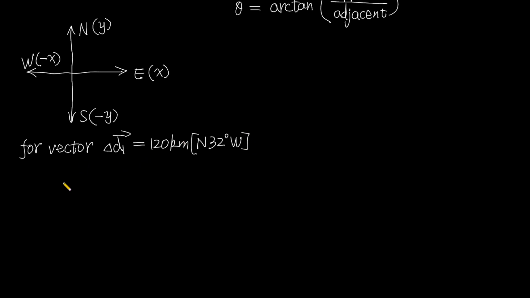For this vector, I draw the graph. This is north, positive y direction, and this is west, negative x direction. Now, the direction of vector delta d1 is north 32 degrees toward west, so it should be here.